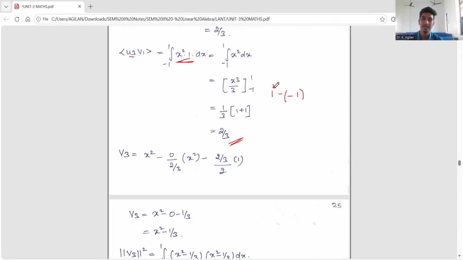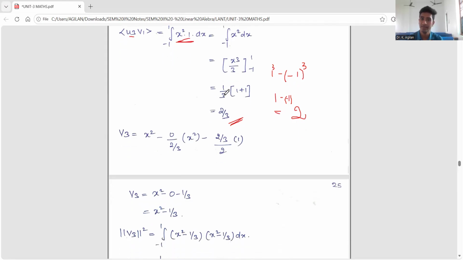So 1 power 3 minus of minus 1 power 3, so 1 minus of minus 1, right? The answer will be 2. Okay. So already 1 by 3 outside. So 2 into 1 by 3, which means 2 by 3.